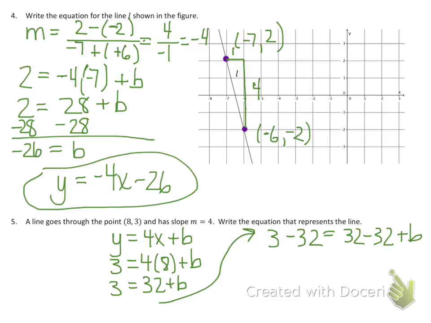So 3 minus 32 is the same as 3 plus negative 32, so it's negative 29. And that's our y-intercept. So my equation is y is equal to the slope of 4x minus 29.